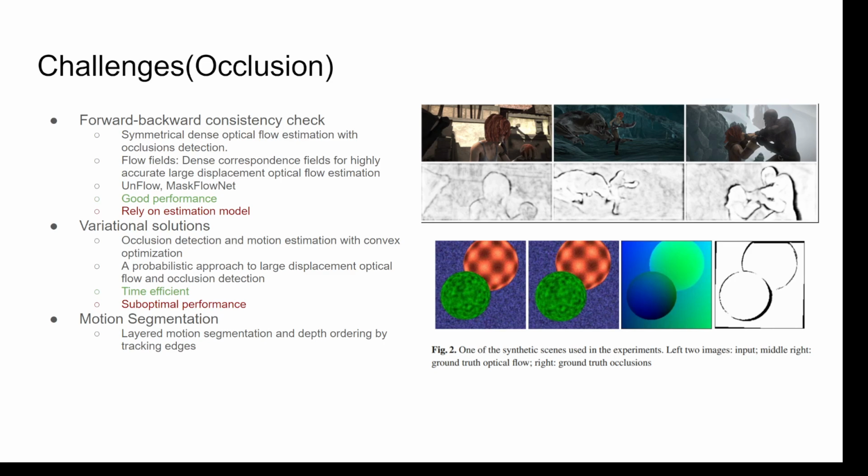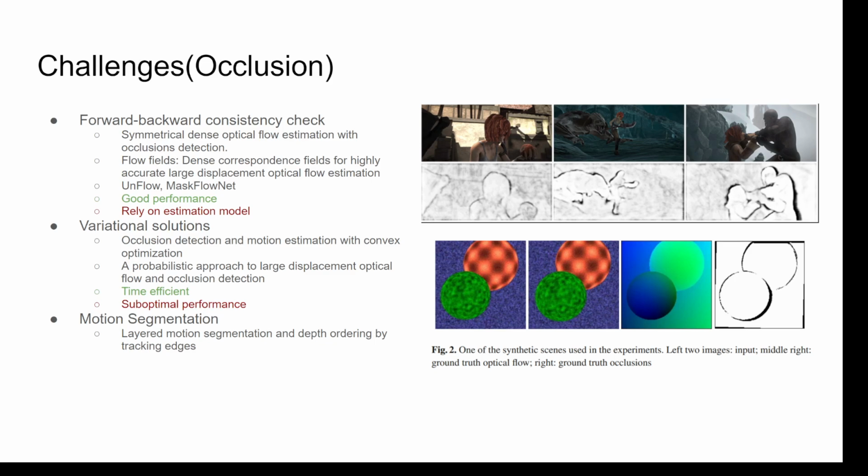And the second approach is a variational solution. This branch of solution computes the occlusion map directly. So some of them use probabilistic approach and optimization methods such as convex optimization, energy minimization. Most of them adopted a joint method that estimates optical flow map and occlusion map jointly.